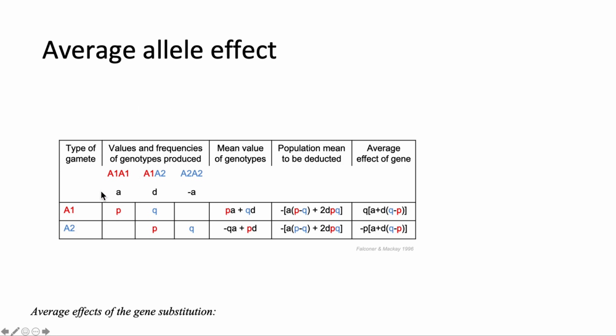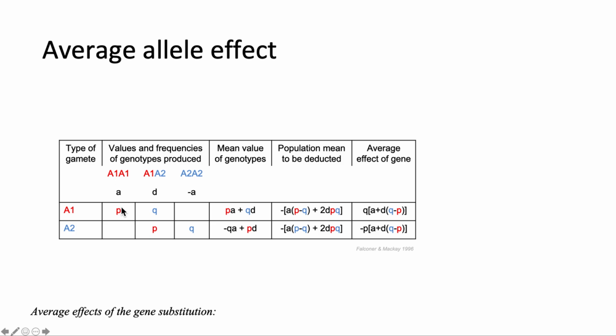And then we have the genotypic values here, that are A and B. So to estimate the mean value of the genotypes that we can get with the gamete A1, we have to take into account the frequency of P times the additive effect, which is the genetic value of the homozygous A1.